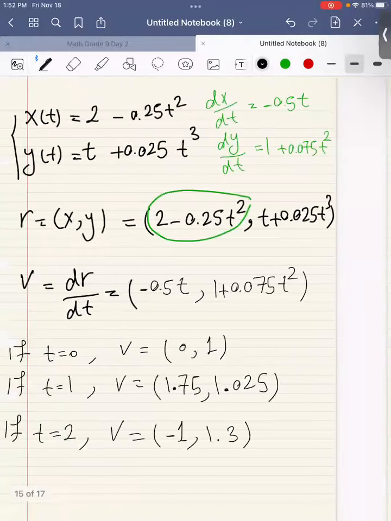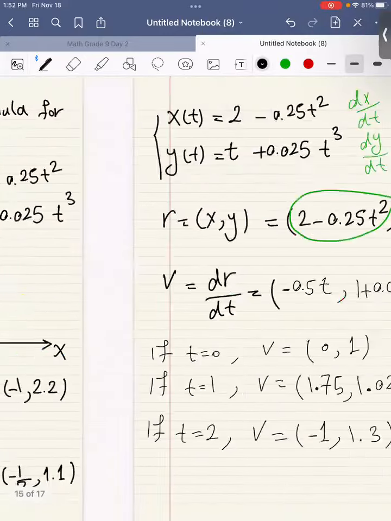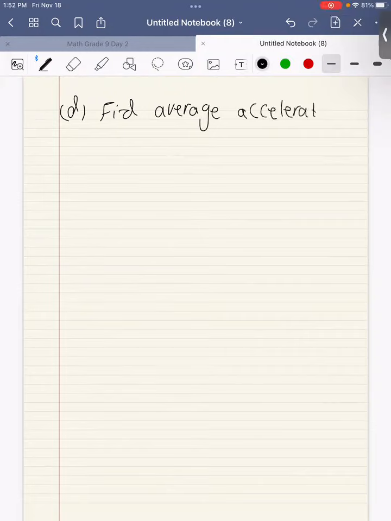That's part A, B, C. Let's say D. So for part D, find the average acceleration in the time interval t equal to 0 to t equal to 2 seconds.